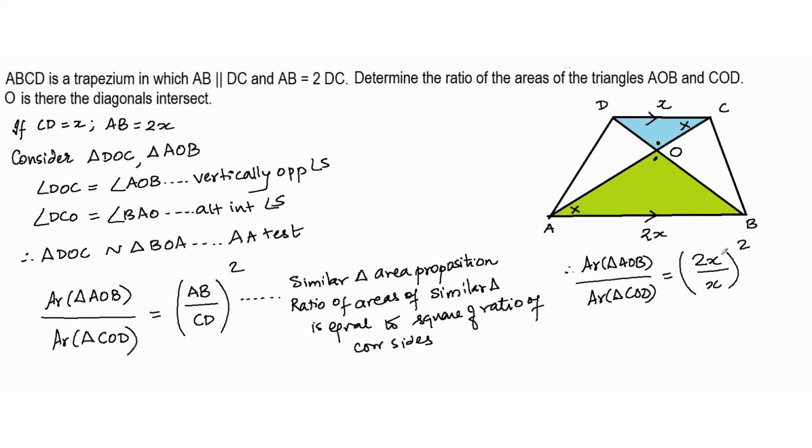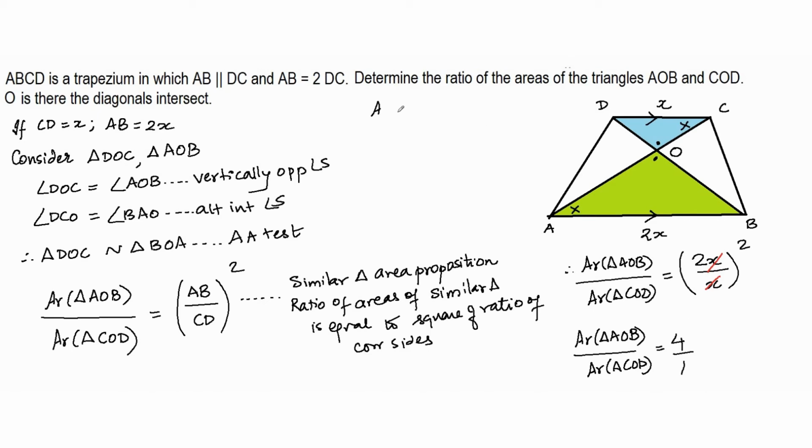And now I know that x and x cancel and therefore 2 square. So area of triangle AOB divided by area of triangle COD is equal to 2 square. 2 square is equal to 4, and therefore the ratio is going to be 4:1.